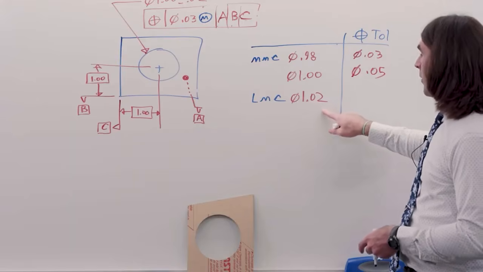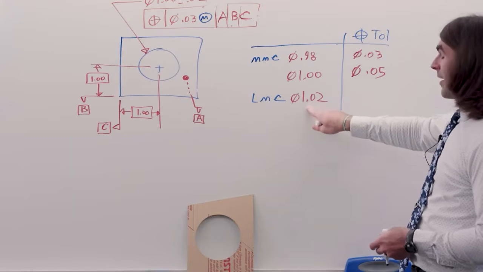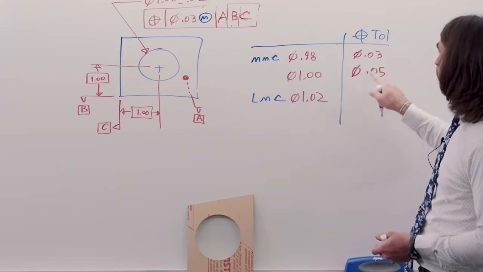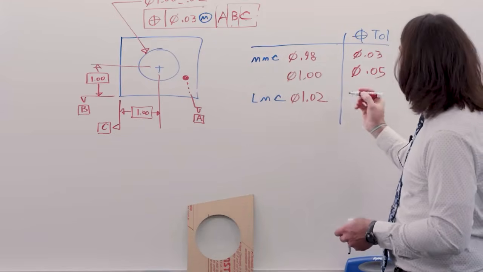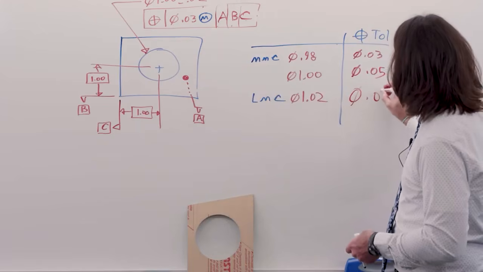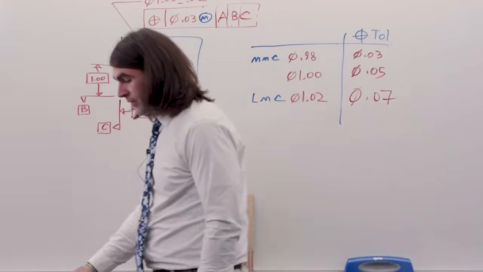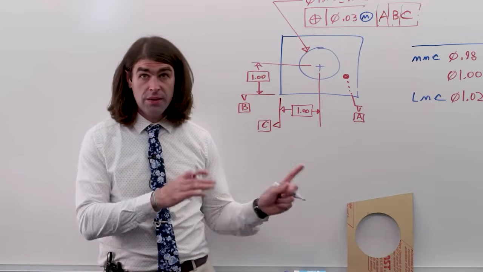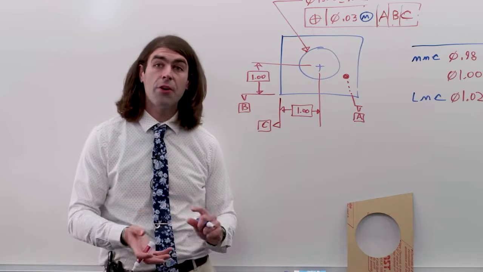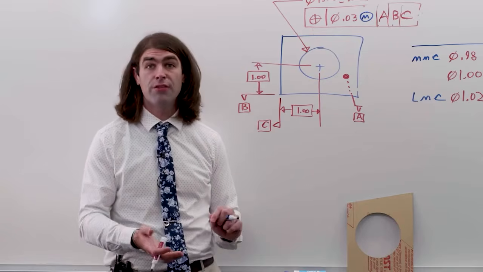If it comes in at LMC, we just subtract the LMC from the MMC, we get 0.4, we add that to the 30 thousandths we already have, 70 thousandths. Right? And that's what MMC does in this situation. For an external feature, it gets flipped.